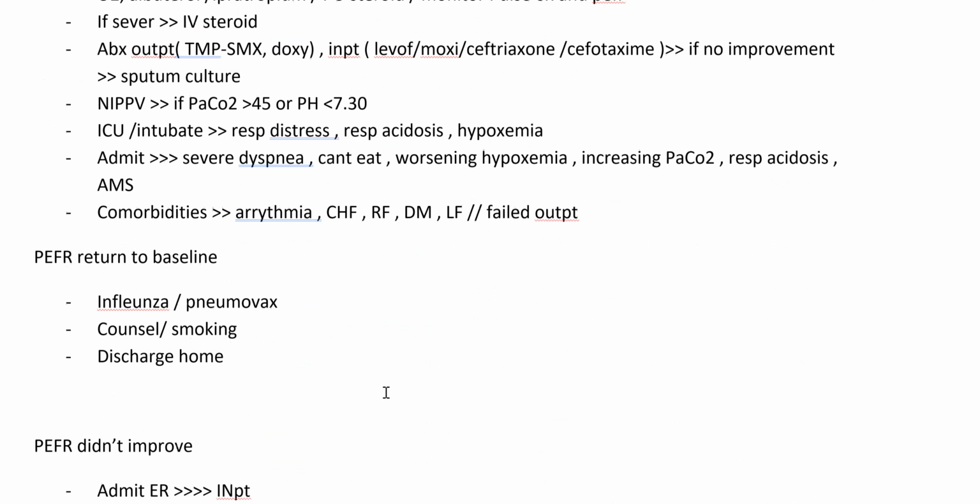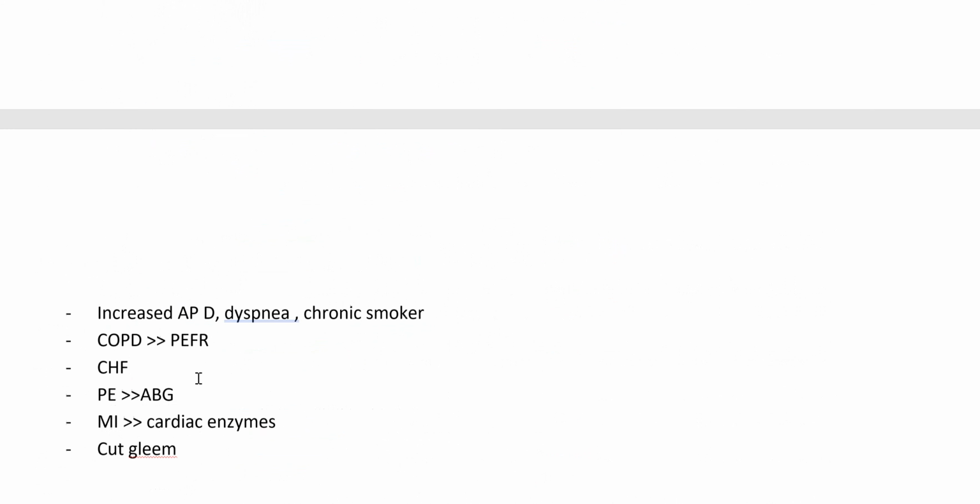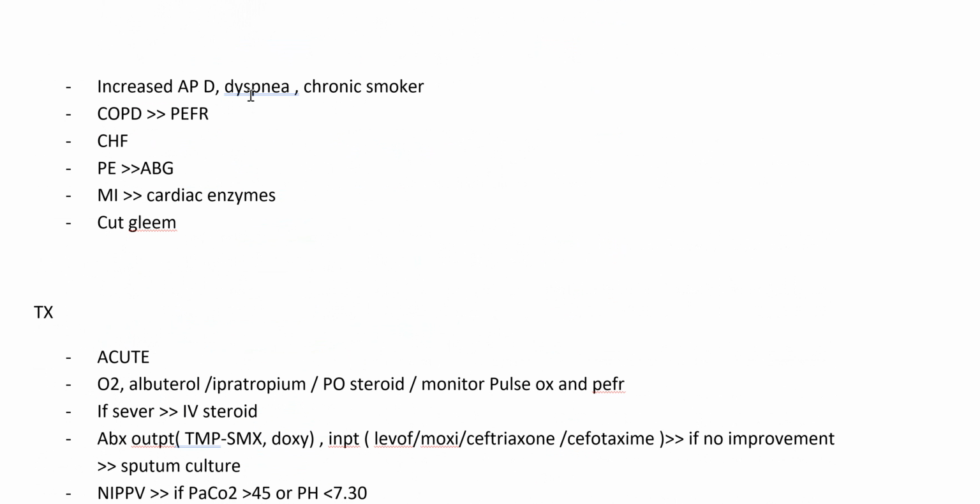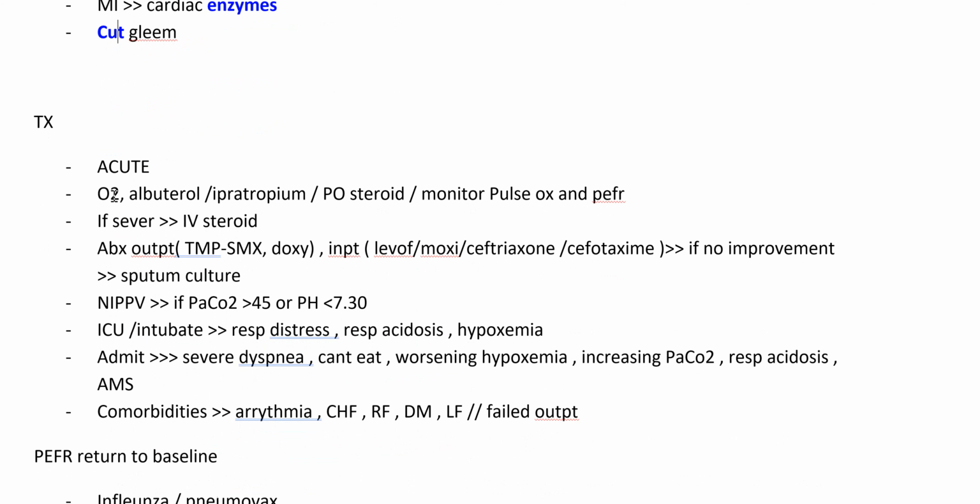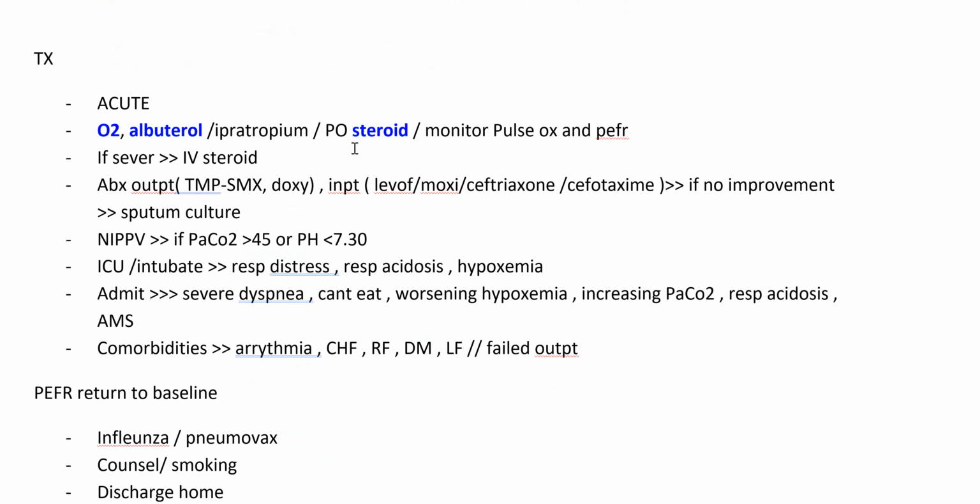Okay, so now to summarize everything: increased AP diameter, dyspnea, we do peak expiratory flow rate, ABG, cardiac enzymes, CAGE-LEAM, maybe some of them. You start with albuterol, oxygen, steroid, and antibiotic, levofloxacin if it's inpatient.